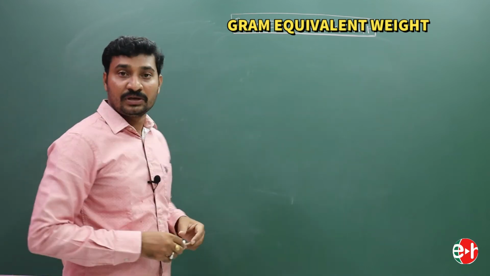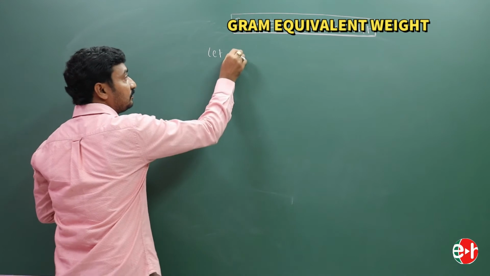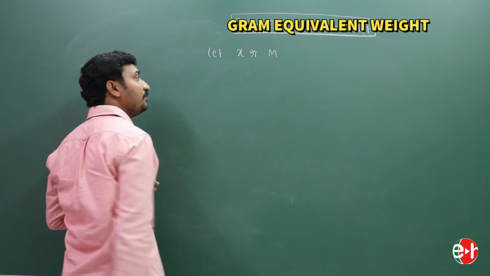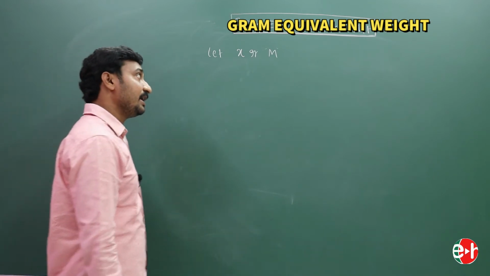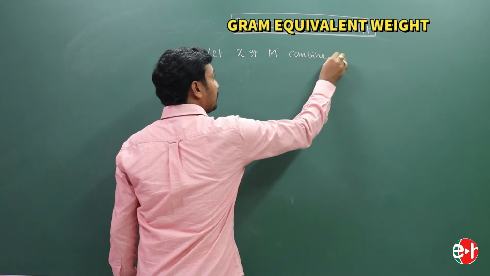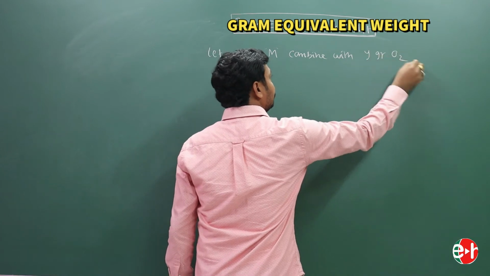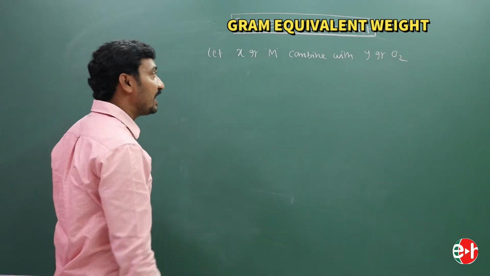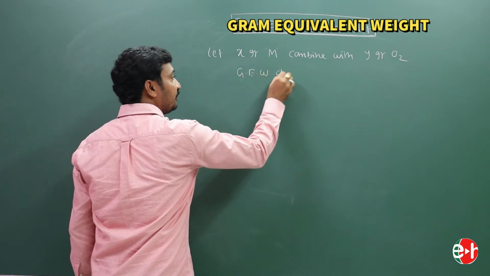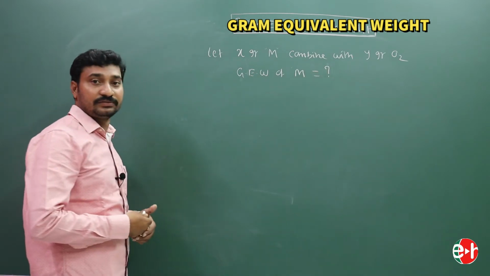Okay. Let X gram of a metal or element combine with Y gram O2. Then what is the gram equivalent weight of metal M?